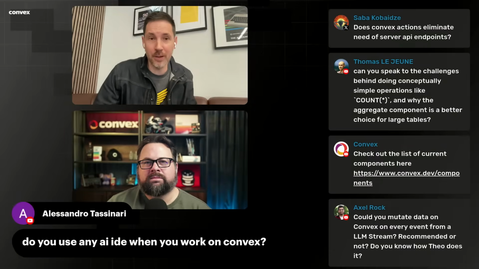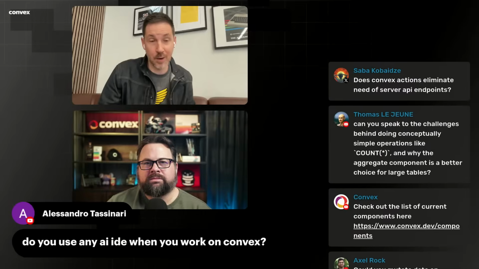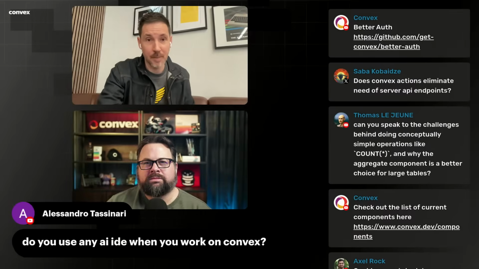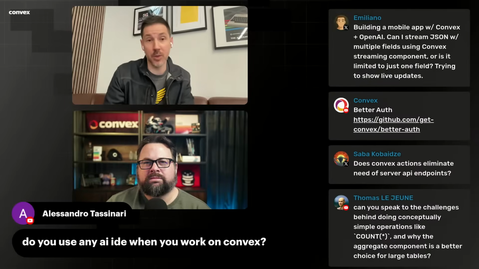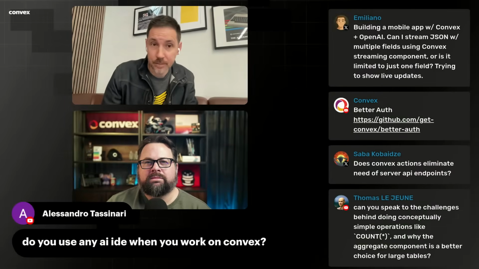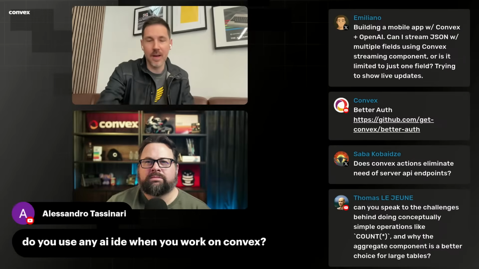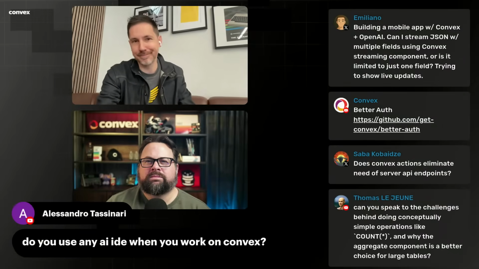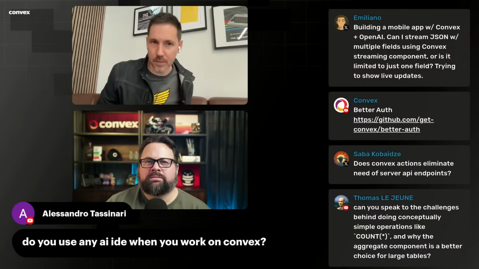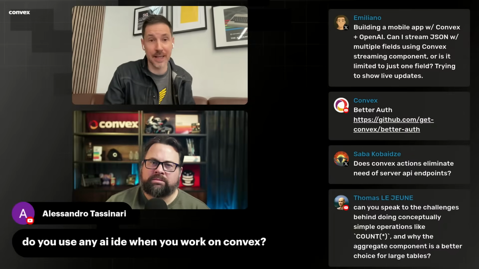I will say almost all the interesting stuff at Convex is built by human beings, because LLMs are just not capable of doing work at that level right now. Right now, we use them a ton for adding features, improving features on the dashboard and stuff like that.